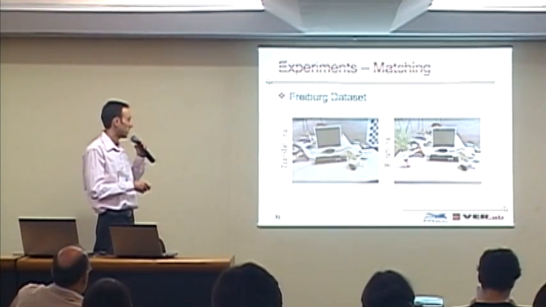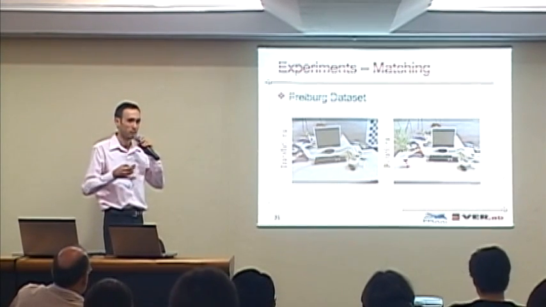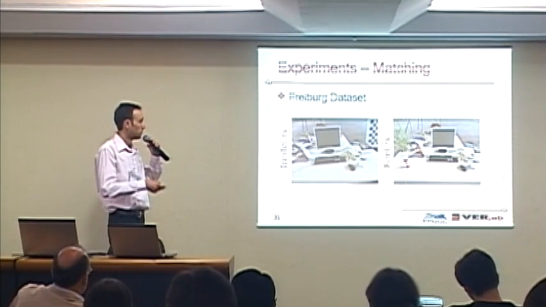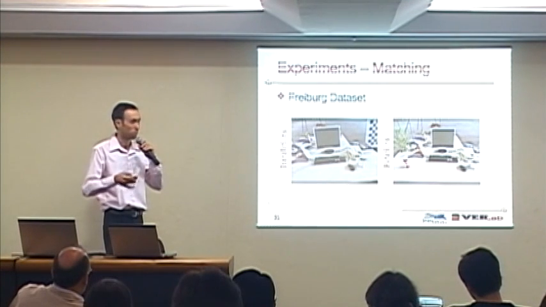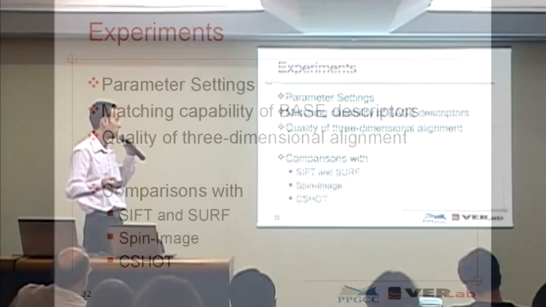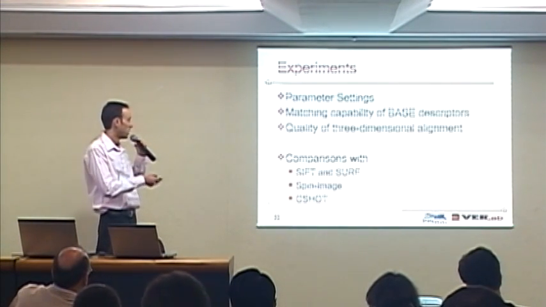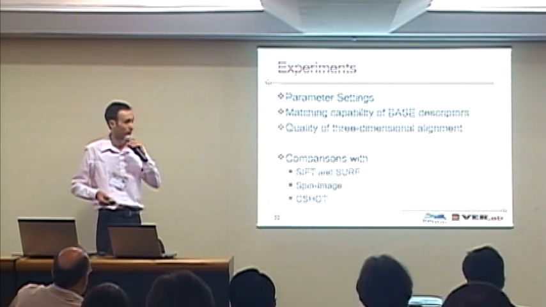The sequence with a Kinect moving along the axes X, Y, and Z, and another one with a Kinect only rotating around the axis. So we performed the parameter settings analysis. We evaluated the matching capability of our descriptor, the quality in a three-dimensional alignment task, and we compared with SIFT, SURF, spin image, and with the state-of-the-art C-SHOT.